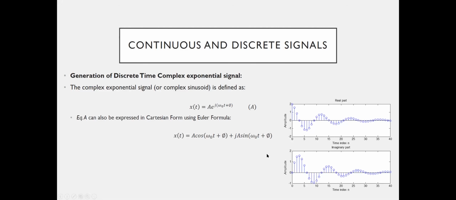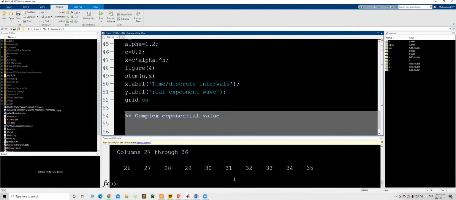So let's do it. Now we will be using another kind of plot called the subplot. First of all, let me declare some variables. For example, omega is equal to some value, any value, for example 0.015, or let's say pi is already there, right?